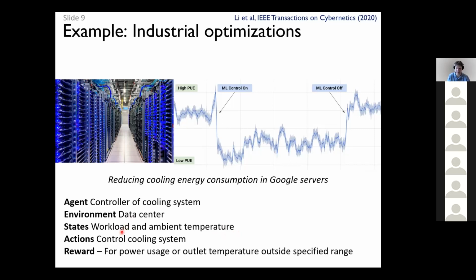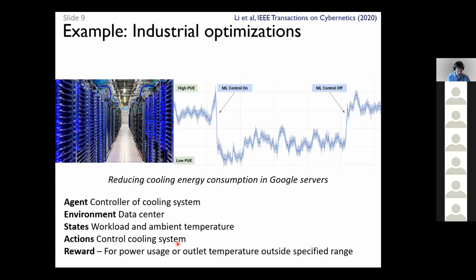So if you have a high workload, you need to adjust the system to increase the cooling, and when you have a low workload, you can reduce the cooling, and by doing this in a smart way, you can spend less energy by not cooling when you don't need it. And they claim to save about 40% of the energy consumption for cooling in this way.